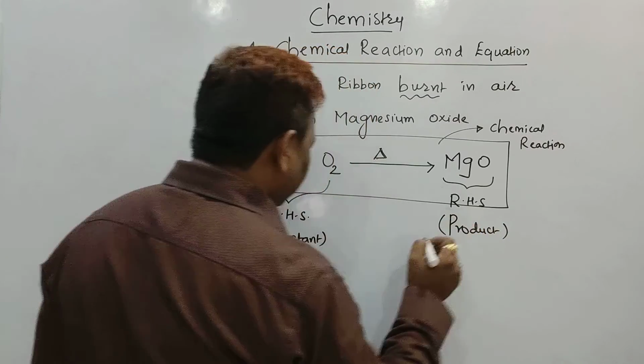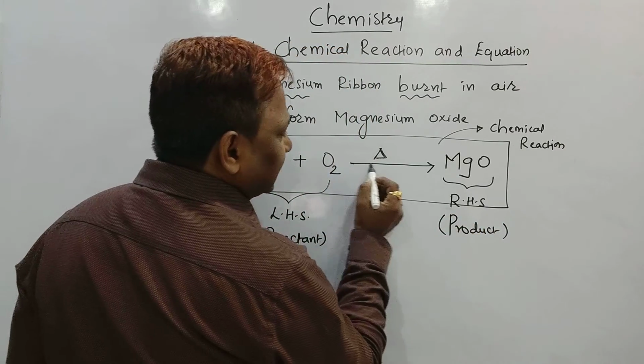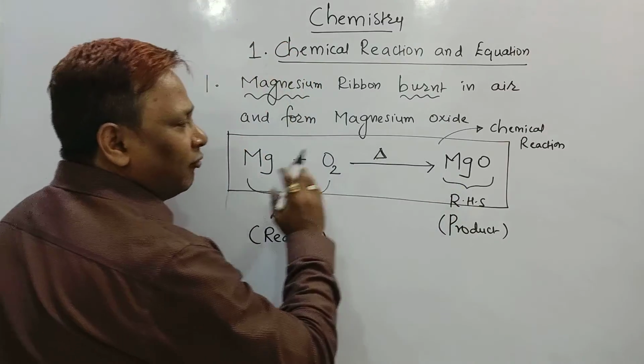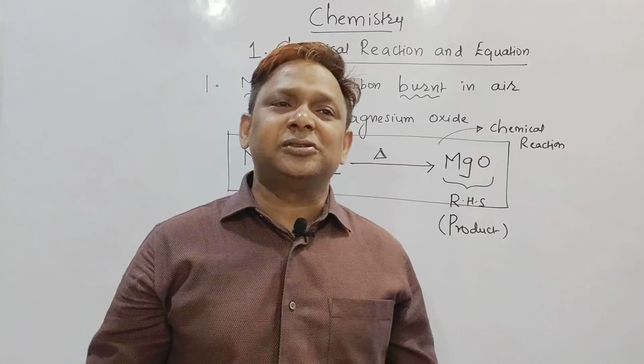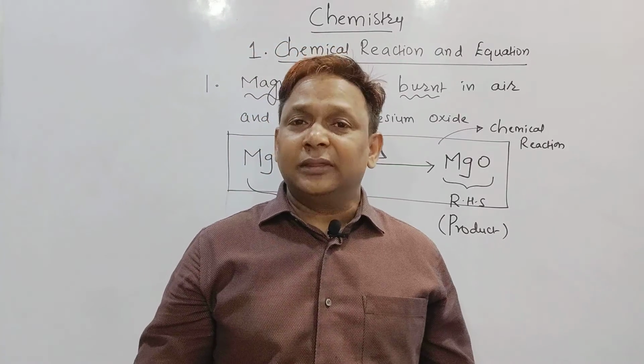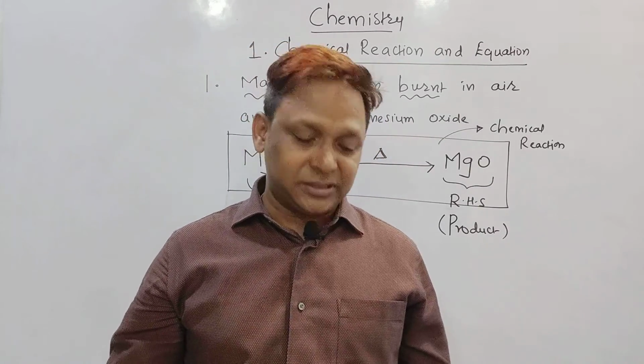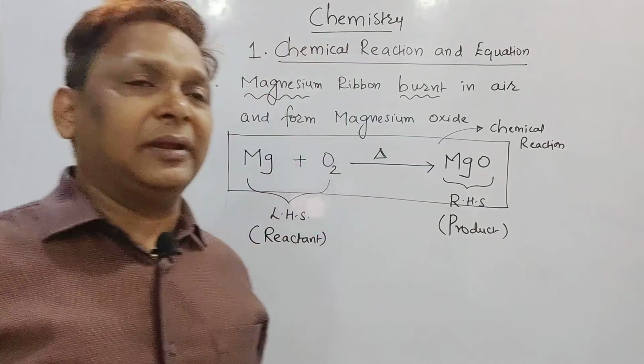In between the reactant and product we have an arrow sign, which indicates the formation of the product. Now in this reaction, we are going to learn what a chemical reaction is. See it once again on the board, whatever I wrote here.